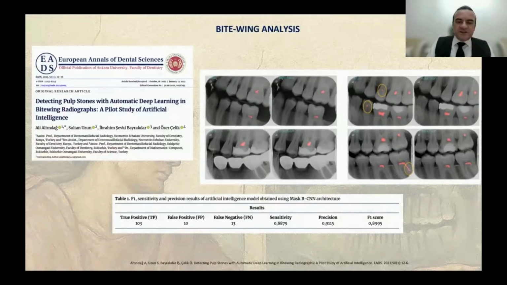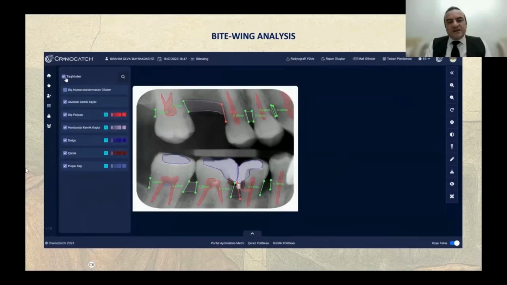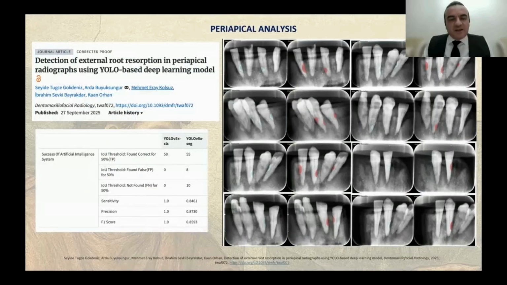We achieved almost 0.9 for detecting pulp stones. For bitewing analysis, we can segment the pulp, periodontal bone loss can be measured automatically without doing anything, and the overhanging restorations and caries lesions can appear simultaneously to you and to your patient for their understanding.